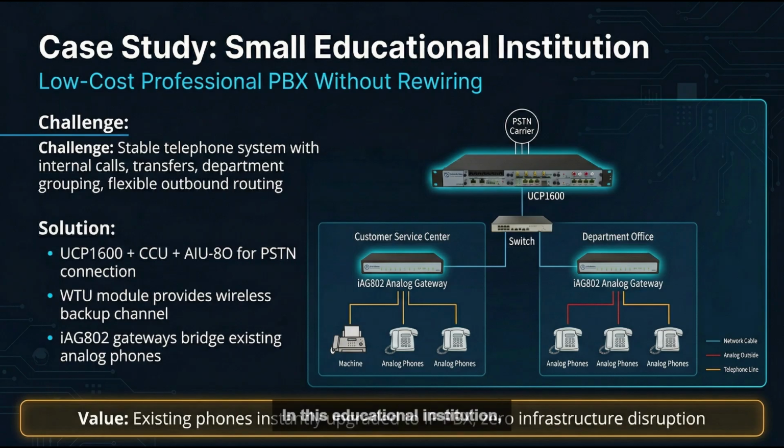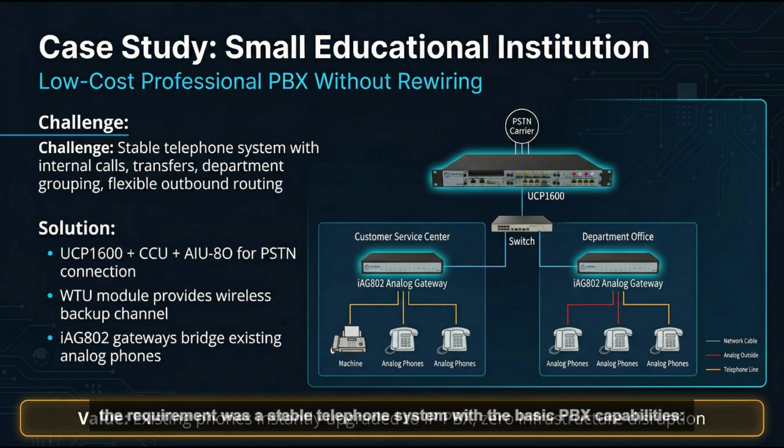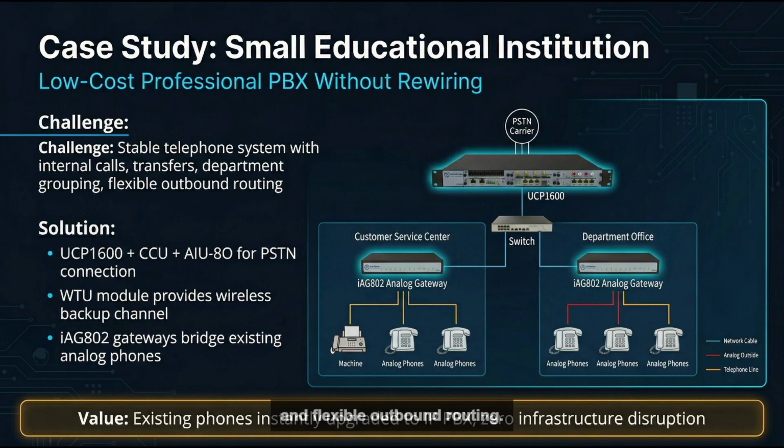In this educational institution, the requirement was a stable telephone system with the basic PBX capabilities, internal calling, transfers, department grouping, and flexible outbound routing. The solution was built around a UCP 1900 with a CCU, plus an AIU 80 module to connect to the PSTN.